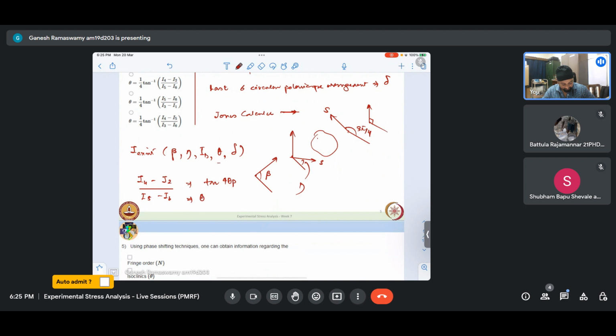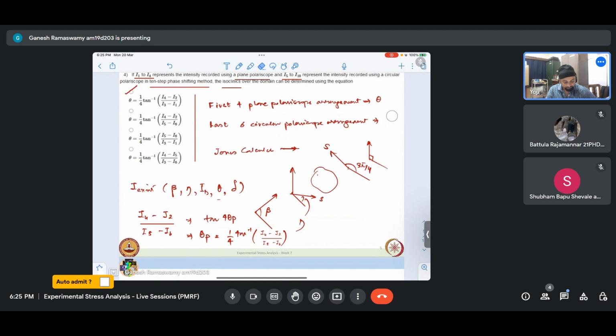So theta p will be one-fourth tan inverse of this thing. It is easier said than done, because inverse trigonometric functions, as we know, are multi-valued. This leads to some jumps in our analysis. Once we obtain isoclinic angles with jumps, when we apply the phase shifting techniques to obtain isochromatics, namely delta, this error will also percolate into it unless we do unwrapping.